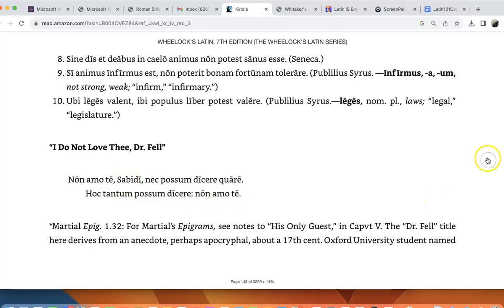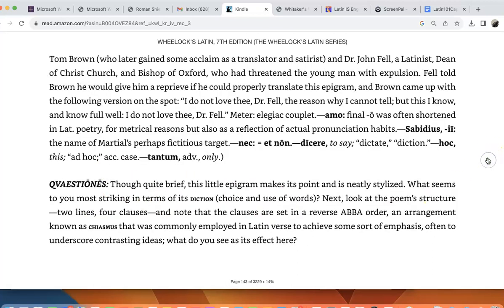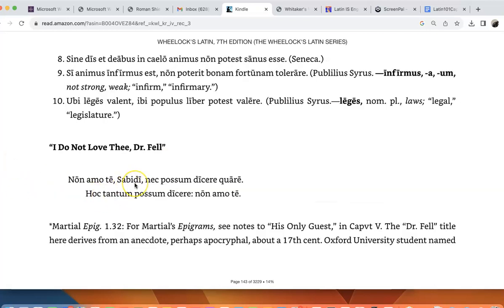And then if we turn the page here, we should have some information on Sabidius, the name of Martial's perhaps fictitious target. So we have to put Sabidius in our translation. So I do not love thee, Sabidius, nor am I able to say why. This only I'm able to say, I do not love thee.